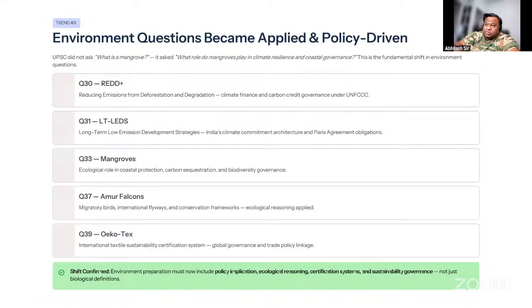Going back to the definition, this shift is about policy implication, ecological reasoning, certification systems and sustainable governance.